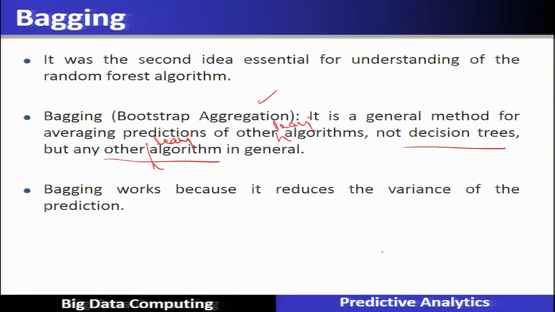This bootstrap aggregation, that is called bagging, is nothing but averaging of an ensemble of models. So, it will give an average of a different ensemble of models.